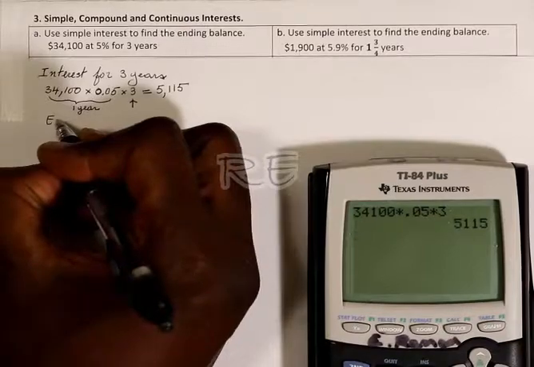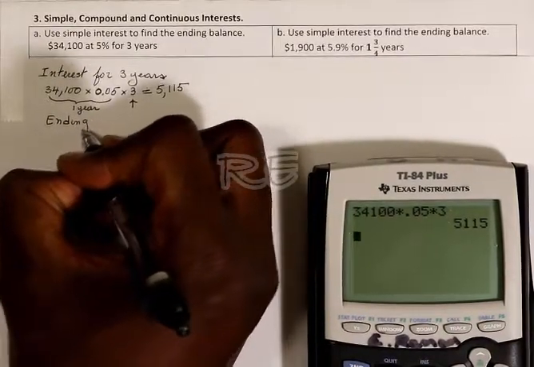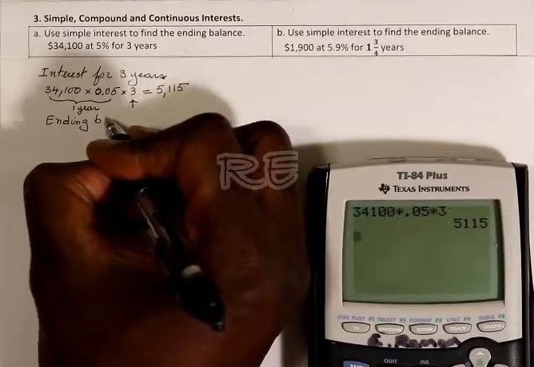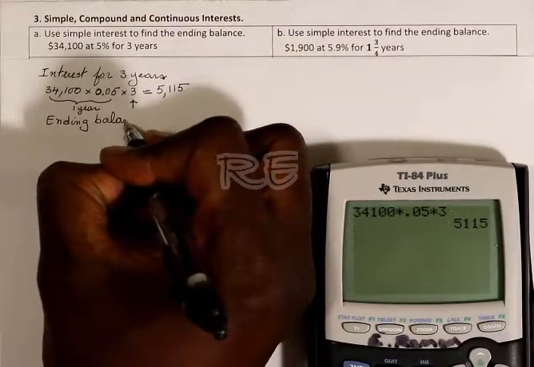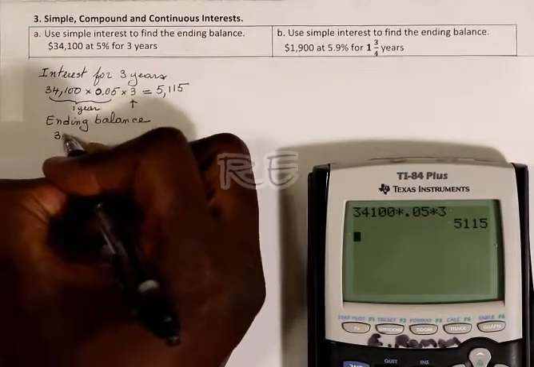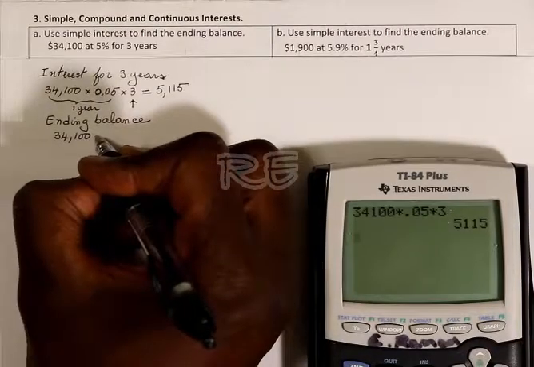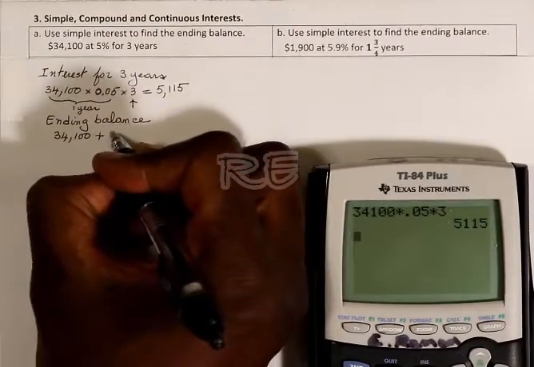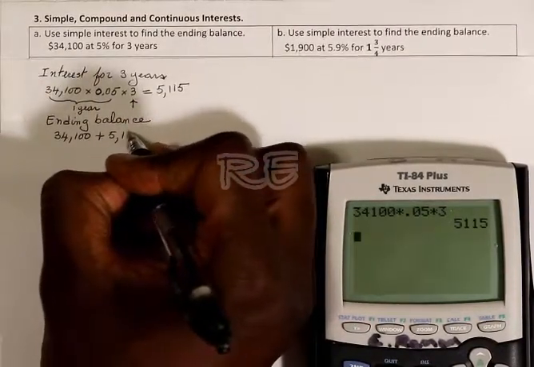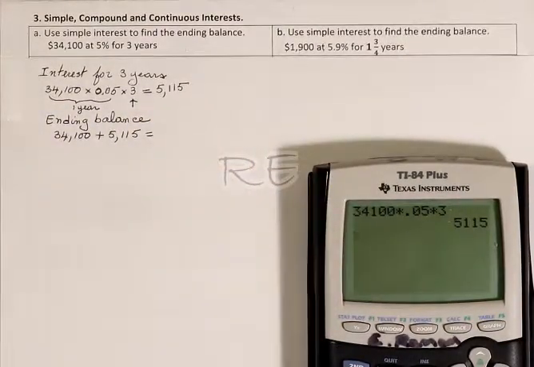Now, the amount accumulated in the account, the ending balance, should be the initial deposit, $34,100, plus the interest paid for 3 years, $5,115.